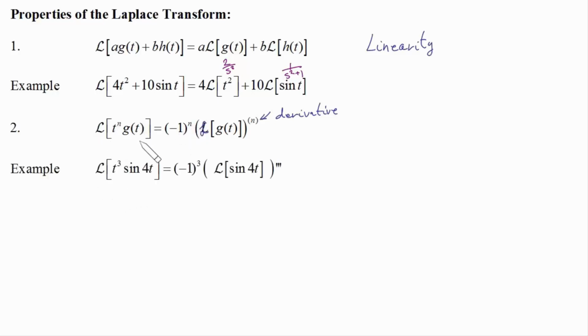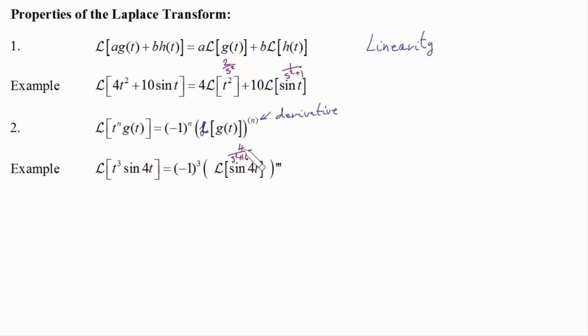So if we apply this rule, we get that the Laplace transform of t cubed sine 4t, which you won't find in the table, is going to be minus 1 cubed. Then the Laplace transform of sine 4t, but this has to be differentiated 3 times. I'm not going to do the whole computation, but sine 4t gives us, if we look at the table, 4 over s squared plus 4 squared, which is 16.